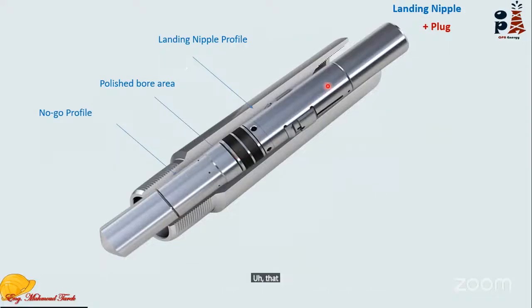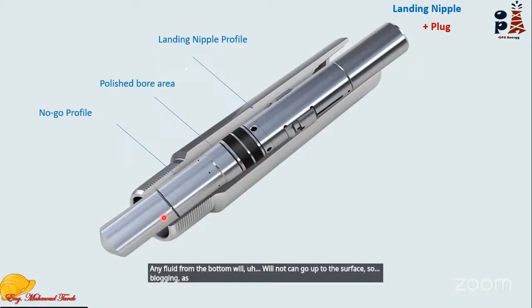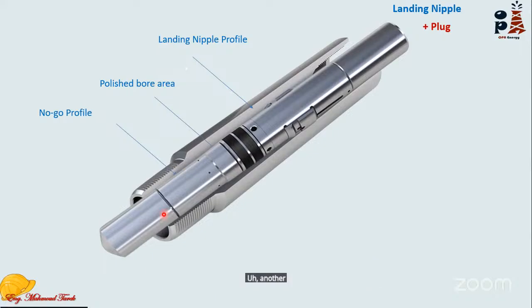So I am now plugging my tubing. Any fluid from the bottom cannot go up to the surface. So plugging, as we said, is for zonal isolation, for pressure testing, and for other purposes of plugging the inside of the tube.